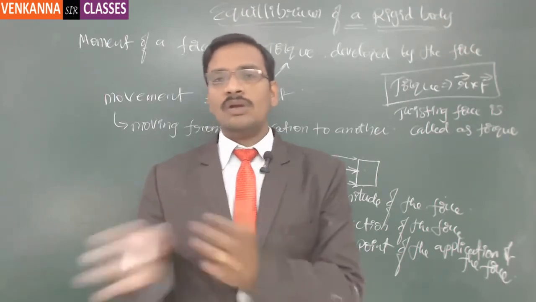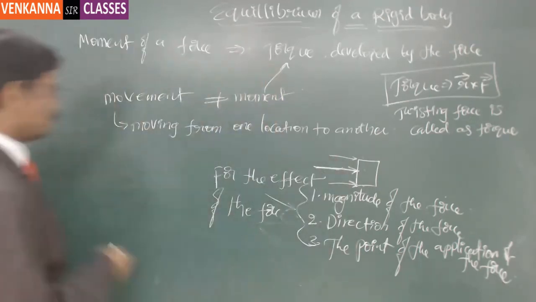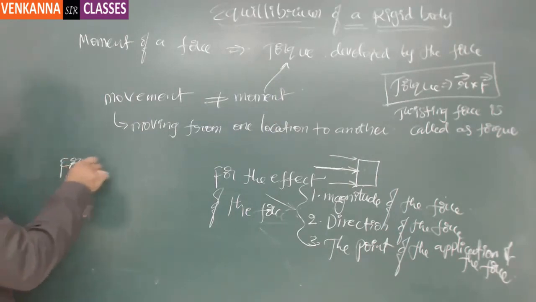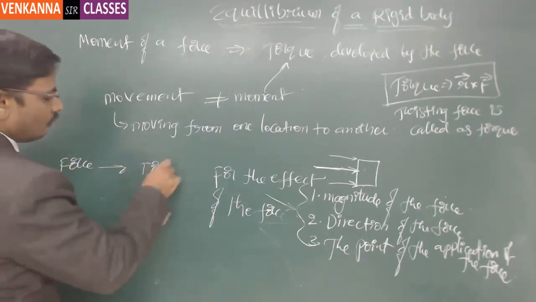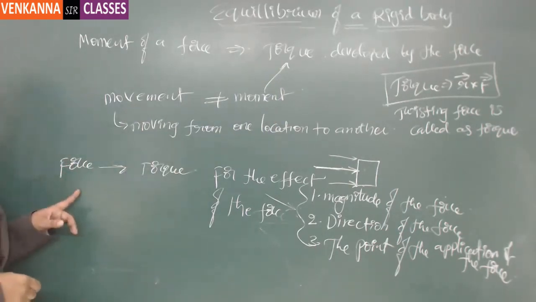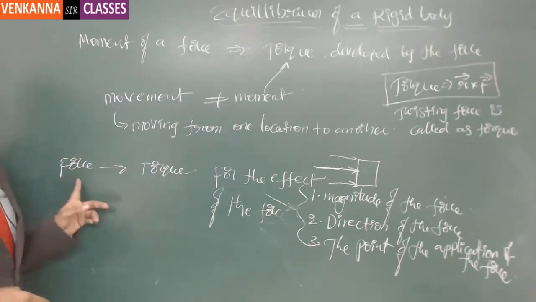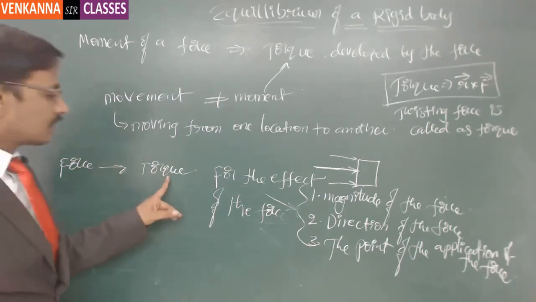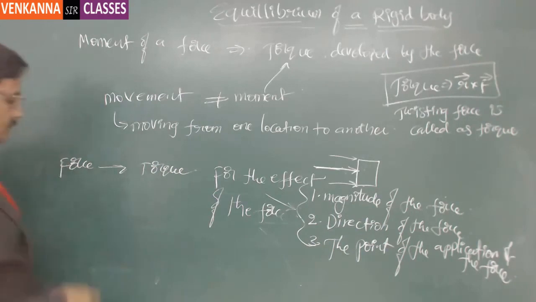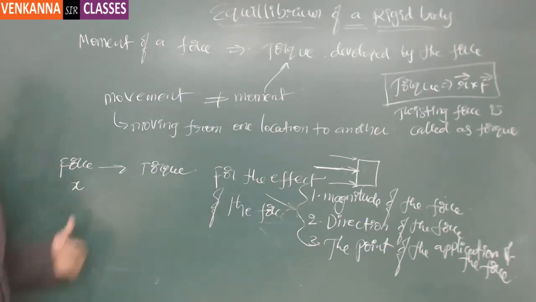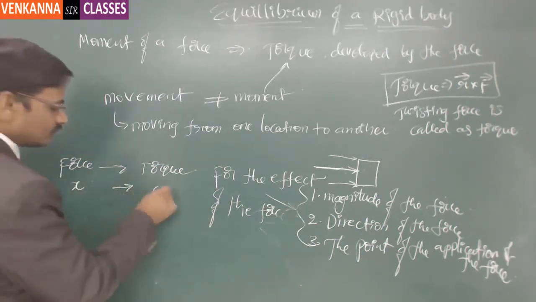There is a one-to-one analogy. Force will cause linear movement, so it causes linear displacement, and torque will cause circular displacement. Linear displacement is usually called x, and the circular displacement is usually called theta.